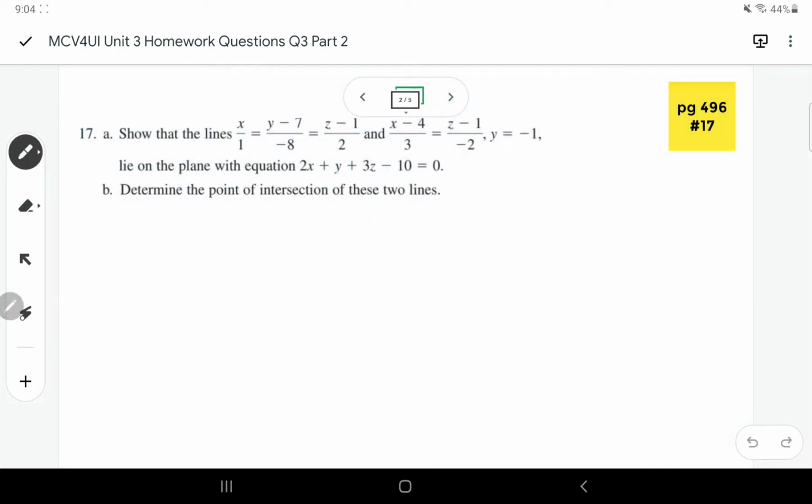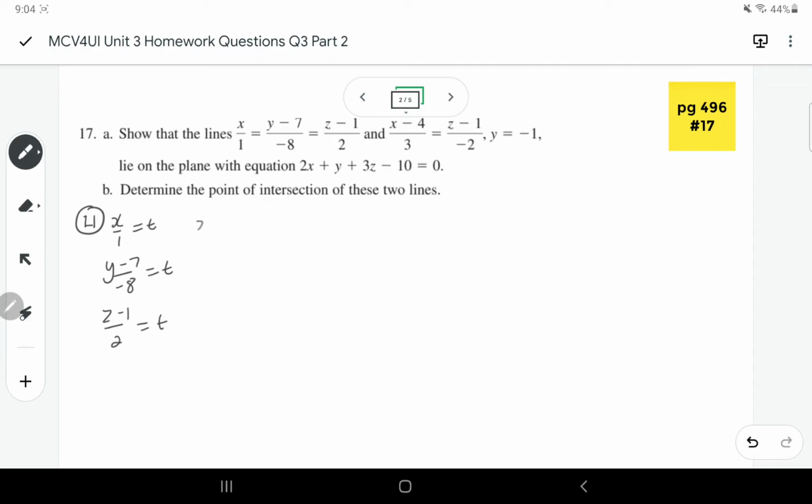Okay, next one, show that these lines lie on the plane. So I want to write these lines in vector form. For L1, I would say x over 1 equals t, y minus 7 over -8 equals t, and z minus 1 over 2 equals t.